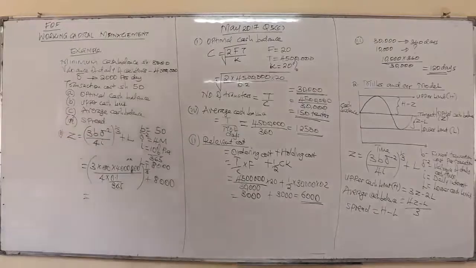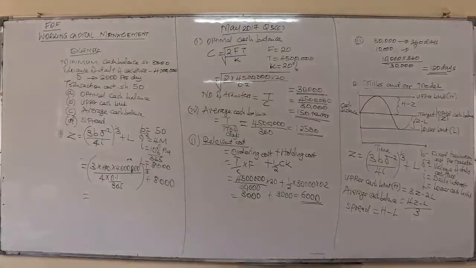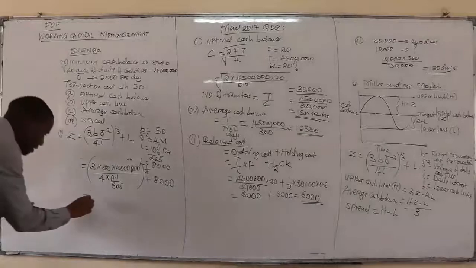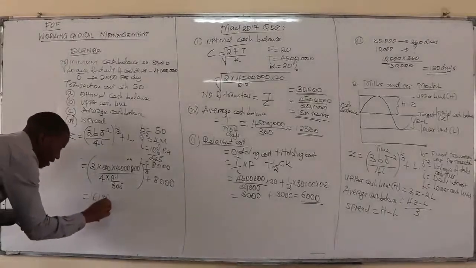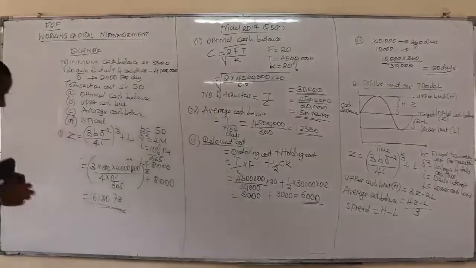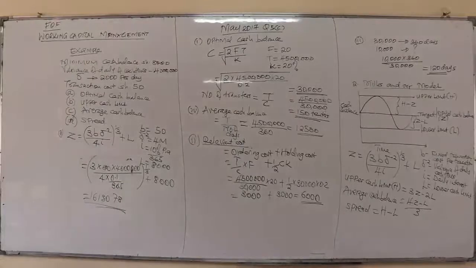So to get the value, you take 3 times 50 times 4 million, divide by 4, multiply by 0.1, divide by 365 days in a year, then take the cube root of the answer, and add 8,000, which gives 16,180.78. That is the optimal cash balance.